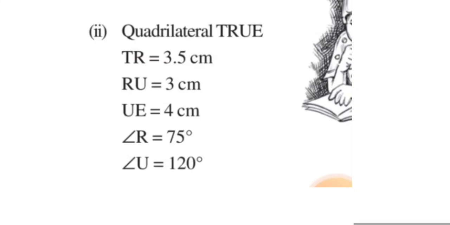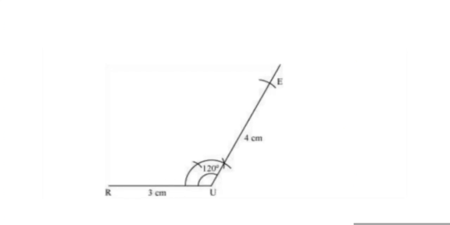See the second one also, quadrilateral TRUE. So TR is given 3.5 centimeter, RU is given 3 centimeter, UE is equal to 4 centimeter, angle R is equal to 75 degree, angle U is equal to 120 degree. So first draw a line segment RU equal to 3 centimeter and draw an angle U equal to 120 degree.